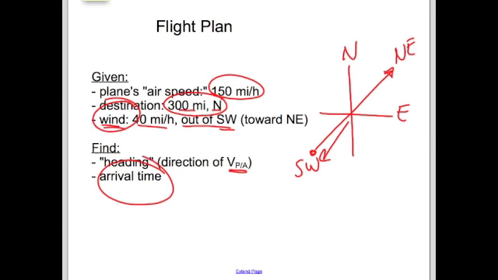What's the arrival time? Well, the arrival time comes from the velocity of the plane relative to the ground and this distance right here. How far am I going? Now, the equation we're going to be using, which we will write out right here, is the relative velocity equation.